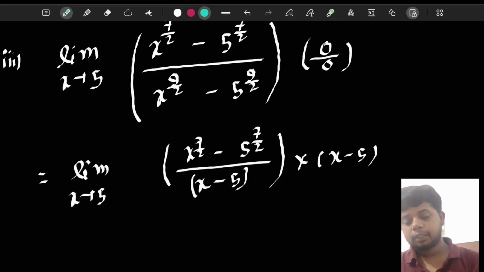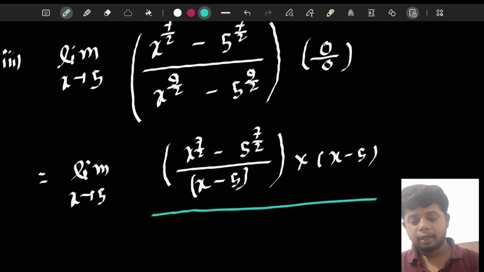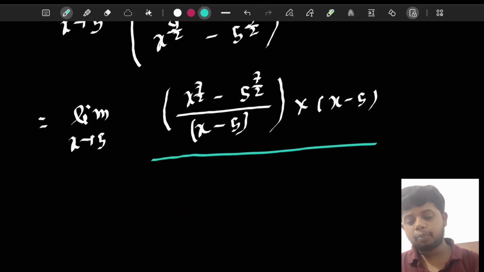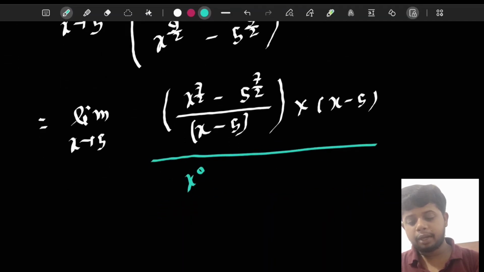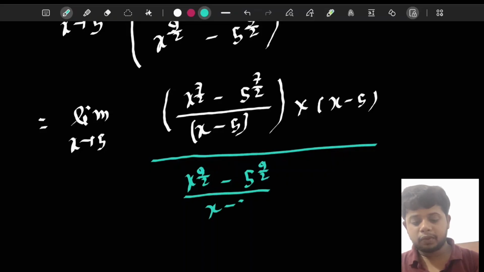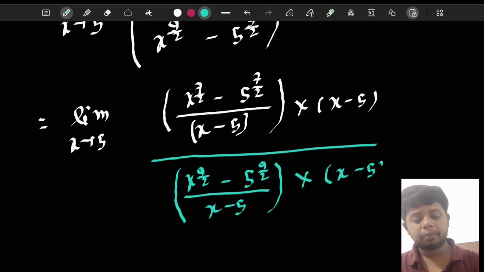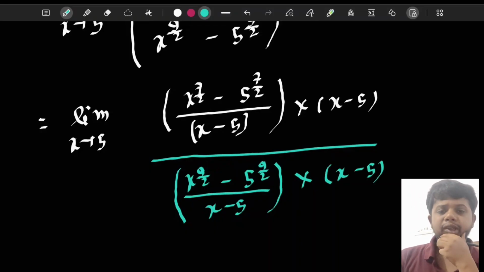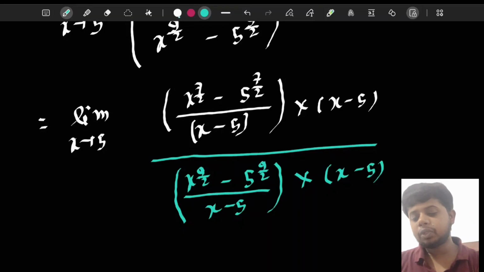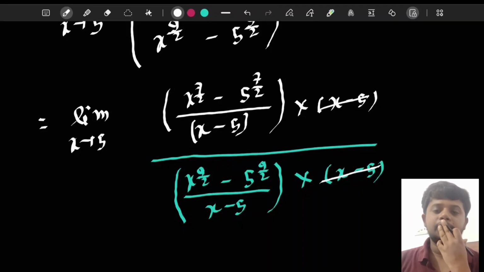And similarly here also, x power of 9 by 2 minus 5 power of 9 by 2 by x minus 5. Since we have taken x minus 5 extra, we have to multiply that x minus 5. Correct? You will say yes, sir, correct. We have understood. Since x will tend to 5, this x minus 5 will cancel each other.